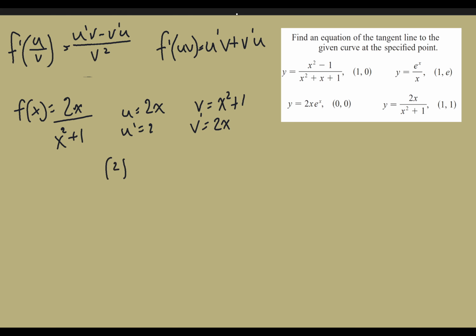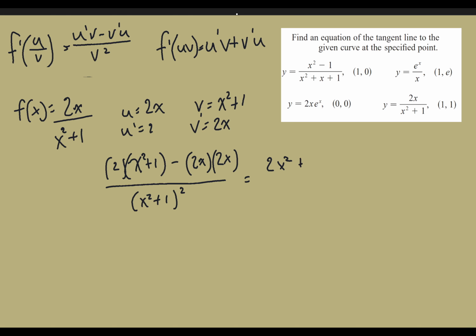u prime v, that's 2 times x squared plus 1, minus v prime times u, all of that divided by x squared plus 1 squared. So we get 2x squared plus 2 minus 4x squared all over x squared plus 1 squared.